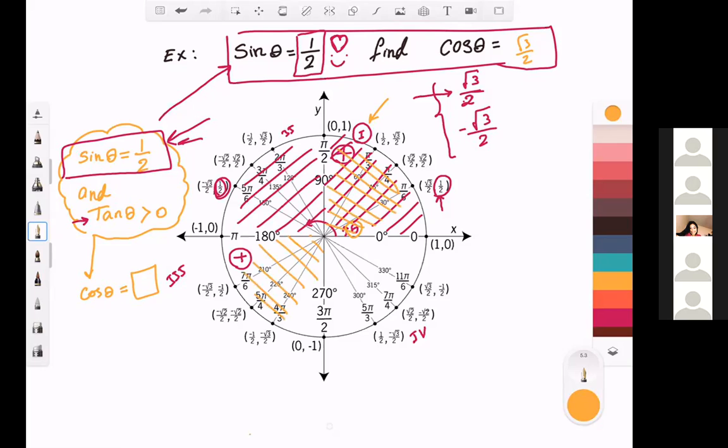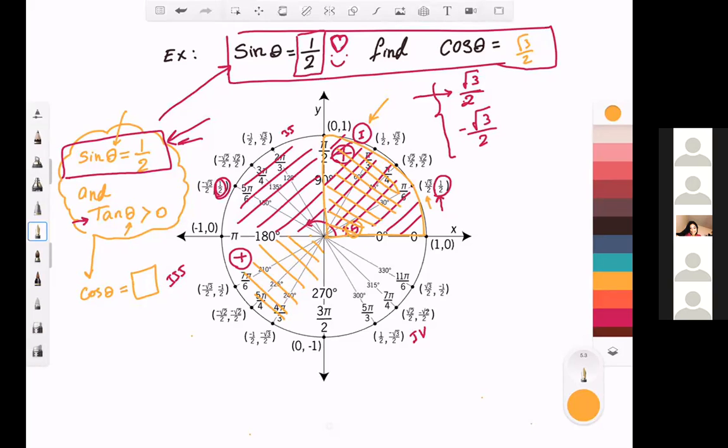So now which quadrant is this theta in, that holds both of them, where sine is positive and tangent is positive? It will be quadrant 1, because this is double shaded, correct? So now we know our theta is in quadrant 1 and cosine of this will be radical 3/2.